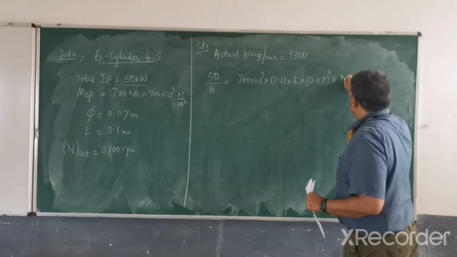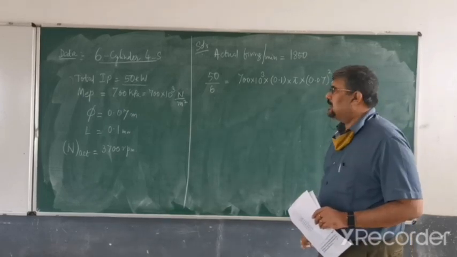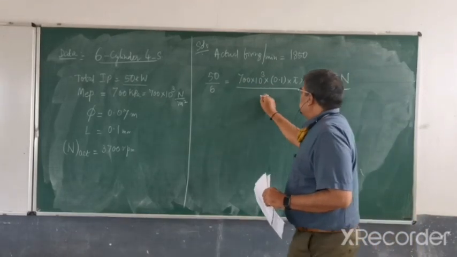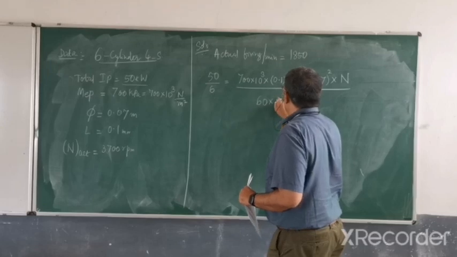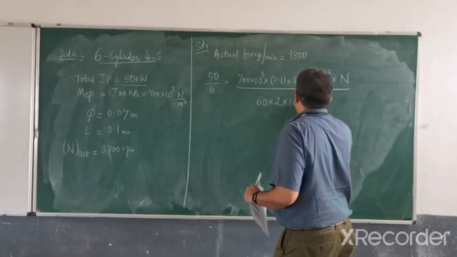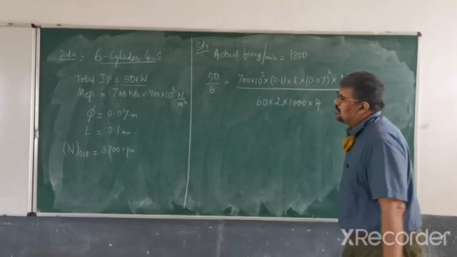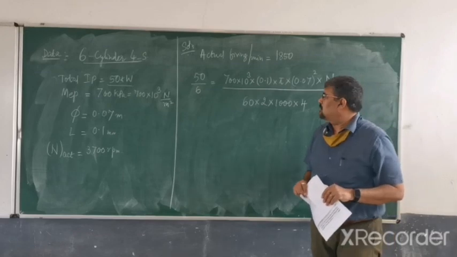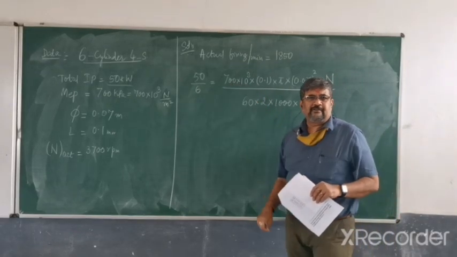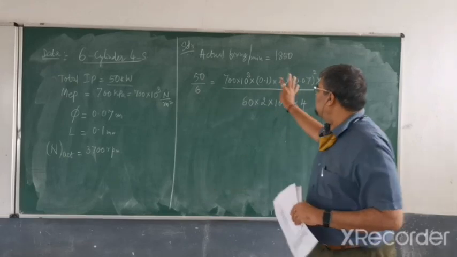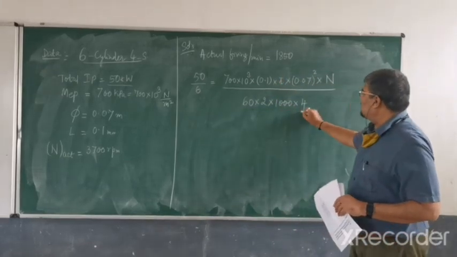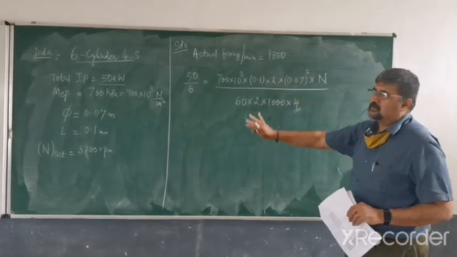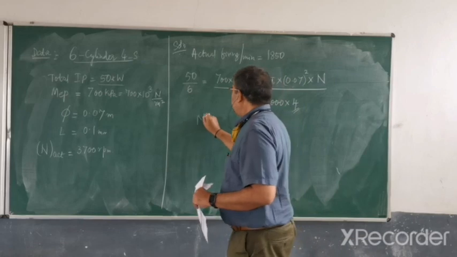I am not going to write the value of N, I will keep it as it is, divided by 60 into 2 into 1000 into 4. Because we already know what purpose 60 into 2 into 1000 is used for, and the value of mean effective pressure is given in Newton per meter square. This is the equation which we are going to use. This 4 has come because of the area. Now using this equation, we can find out what is the value of N.